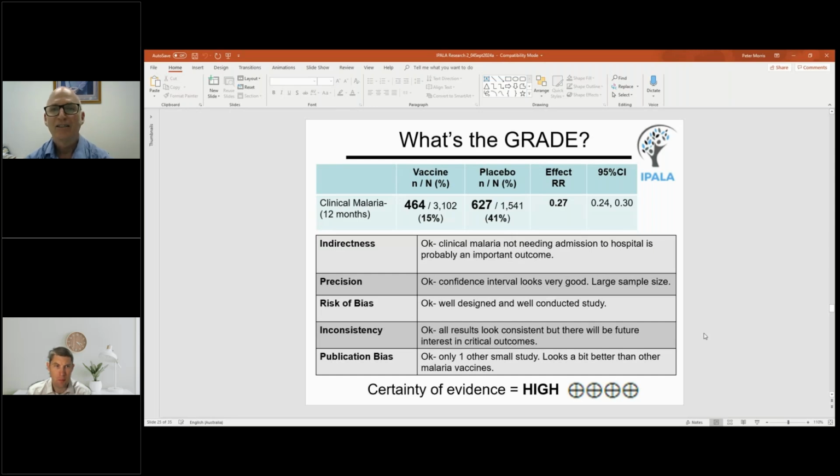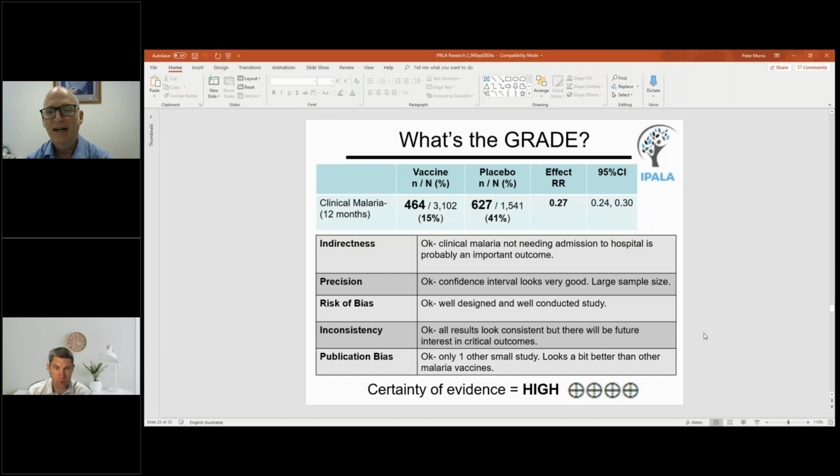Again, a large relative risk reduction of 73%, and a very large absolute risk difference, with a small number of children needing to be vaccinated to prevent 1 episode of clinical malaria.